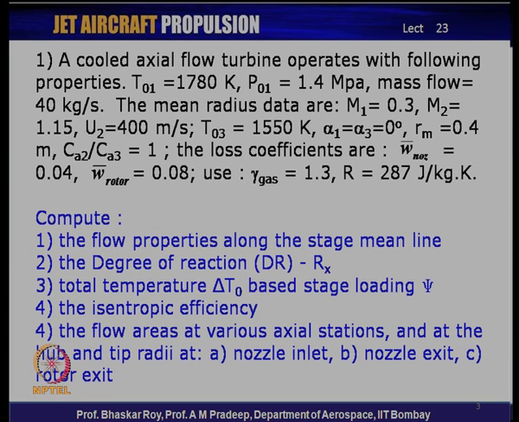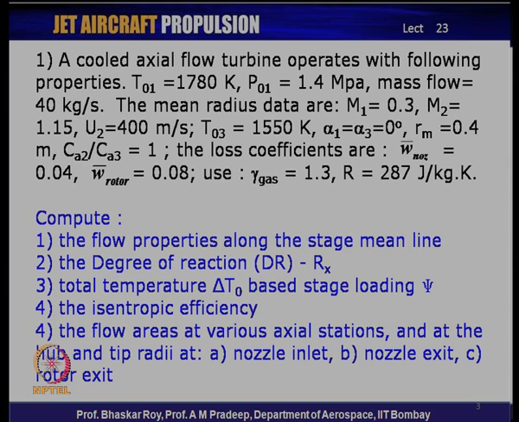The mean radius data, that means the mean is between the hub and the tip of a blade. So, the mean there is given as Mach number, the entry absolute Mach number is given as 0.3. The exit from the stator is given as 1.15, which means the flow has indeed gone a little supersonic at the exit of the stator, and the rotational speed at this mean radius is 400 meters per second.